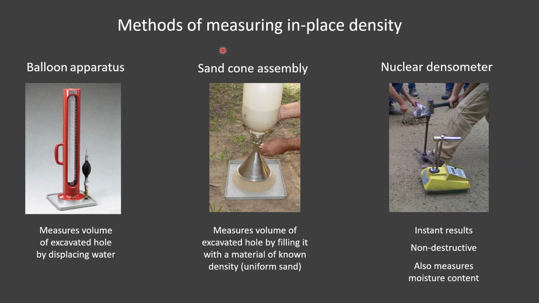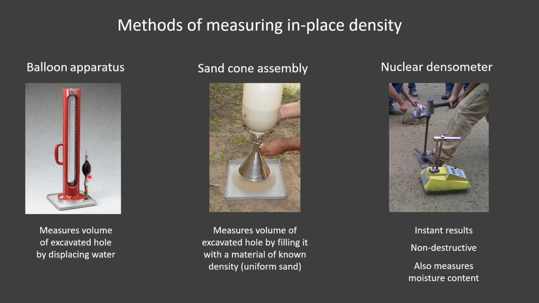So there are 3 main methods for measuring in-place density. This first is probably not a method you're ever going to see, and it's called the balloon apparatus. We do have one of these devices in our lab. I'll show it to you, but our pressure bulb here is kind of a rotted rubber, so it's actually not effective.